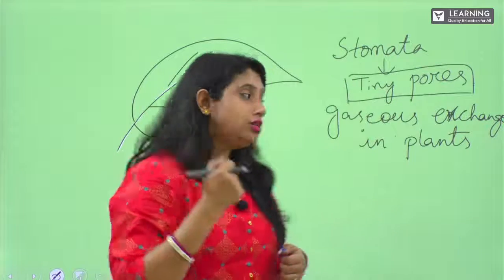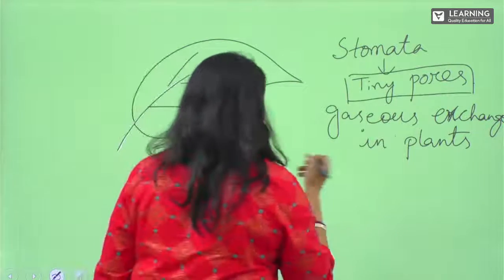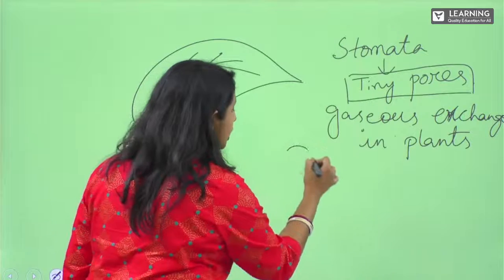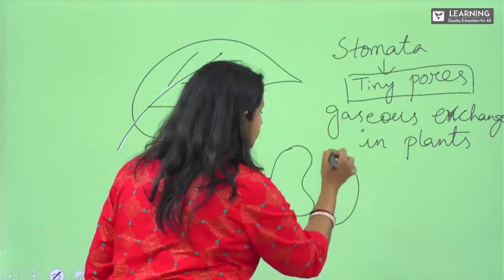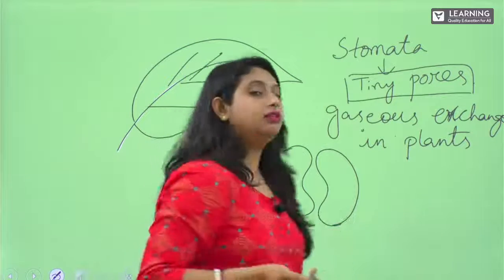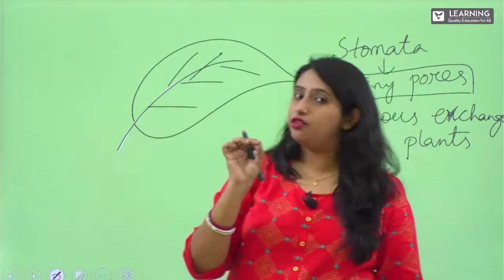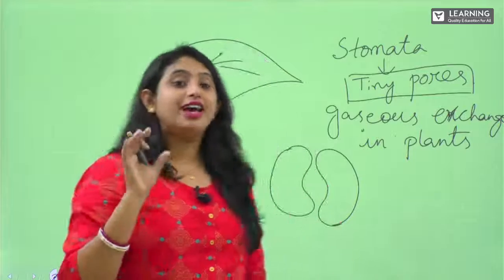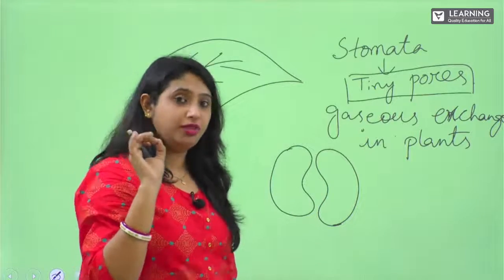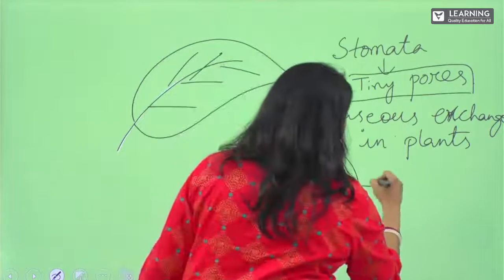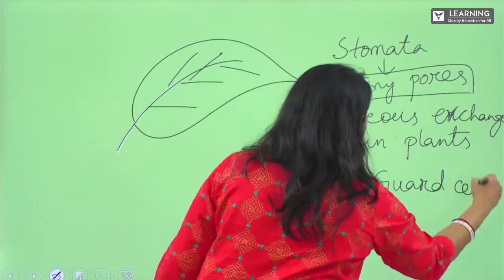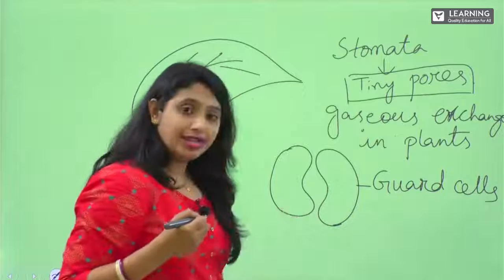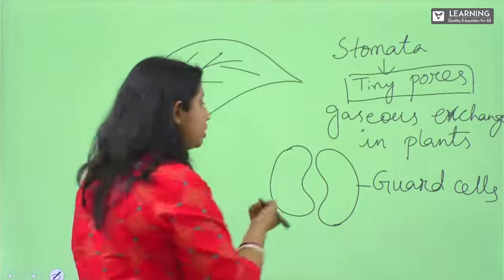How is the structure of the stomata? It looks like the guard cells. Have you ever seen the rajma bean, how it looks? It looks exactly like the bean shape, and these are known as guard cells. The cells of the stomata are known as guard cells, and they are bean shaped in structure.